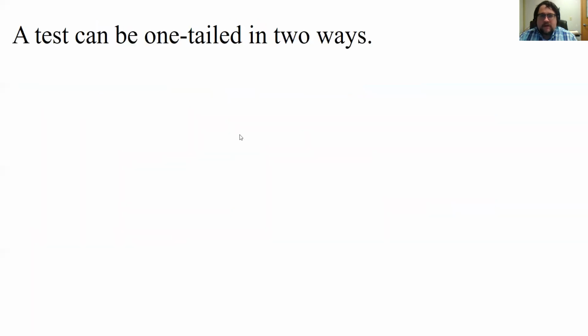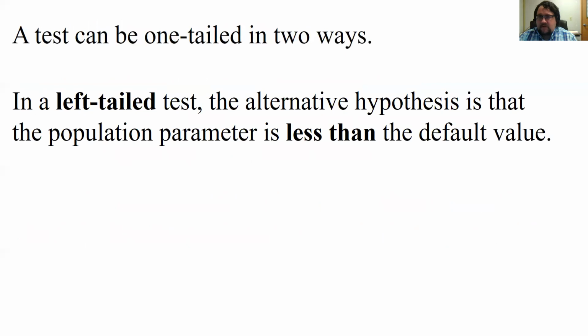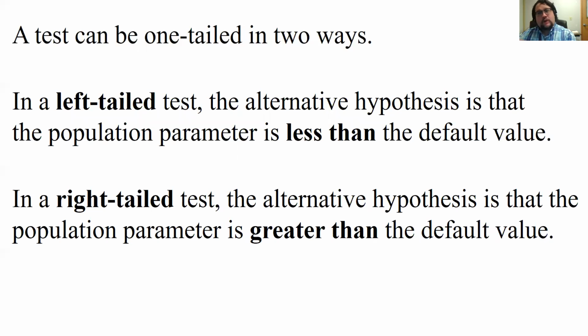All right, a test can be one-tailed in two ways. You can have what we call a left-tailed test. The alternative is that the population parameter went down. It's less than what we think it should be, the status quo value. Or the right tail, that it went higher. It's greater than that status quo.